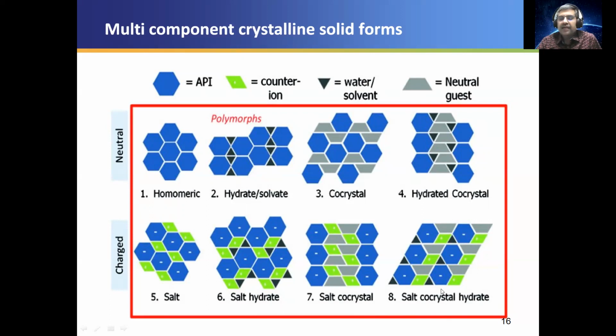Salt co-crystal hydrate additionally will have the water or the solvent molecule as well. So this is the largest entity, you can say, because there are 4 types of species that are involved in formation of salt co-crystal hydrate. You have the blue colored API, you have the gray colored neutral guest molecule, this is the counter ion, and this is the molecule of water.